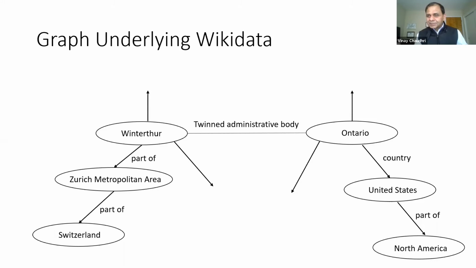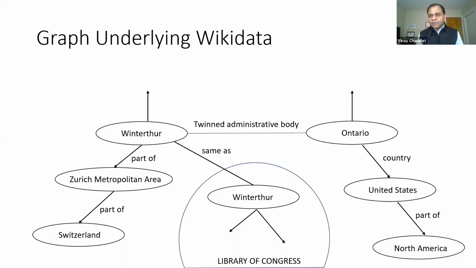But the iceberg doesn't stop here. It turns out that there are many other organizations on the web that are publishing data using Wikidata identifiers. One of them happens to be the Library of Congress. They put out a lot of information they have about Winterthur on the web.